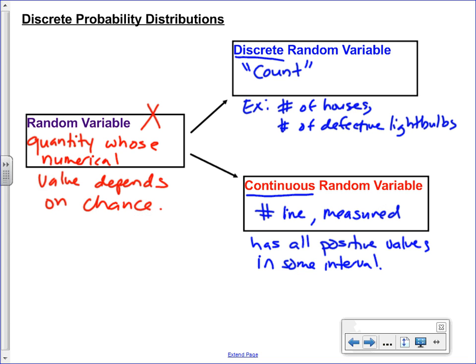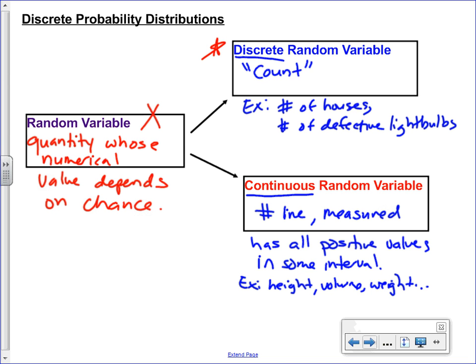Where again, continuous is like volume, weight. The one that we're going to focus on today is discrete.